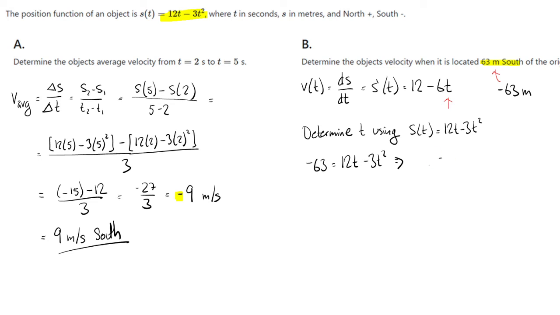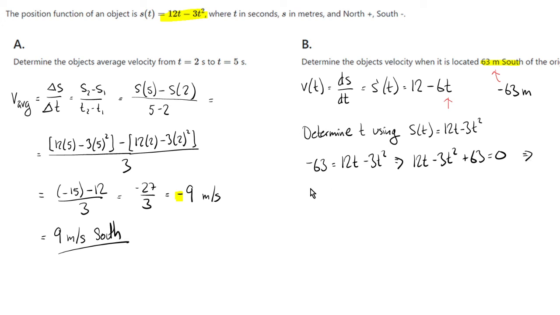So we want to do 12t minus 3t squared plus 63 equals 0. We want to rearrange this so we have the t squared term first. We also don't want it to be negative, so we just reverse all the signs.